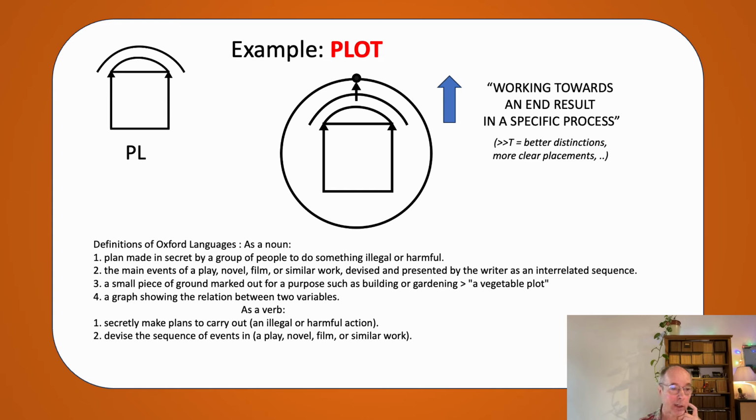A graph showing the relation between two variables. I don't know in what way it is meant that way, but it's also working towards the end results of a certain process. So yes, it could fit eventually. So you can say there is something underlying in the letter combinations that directs you in a certain direction, and that is something which can be proven, which is true, which is real.